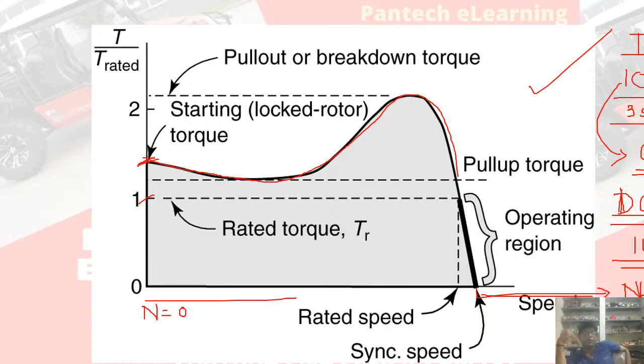Say I give 1 hot start, and immediately due to some process it trips, and again I give another; like that I cannot give continuously. Maximum 3 hot starts are permitted. More than that, it will degrade the insulation level. Normally in medium voltage, the insulation class is F class.